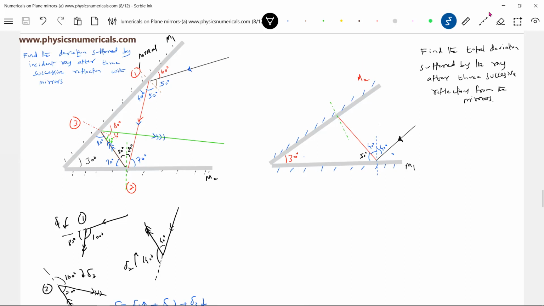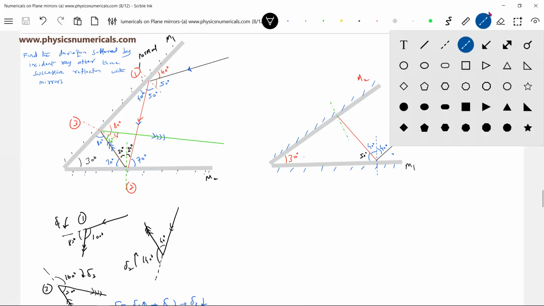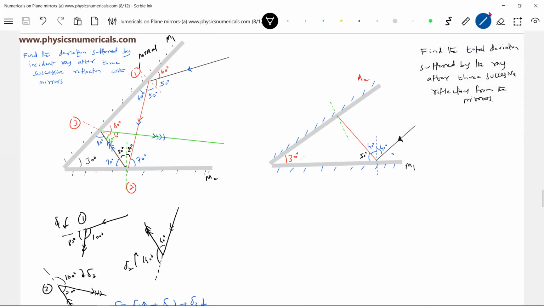Okay, then one more reflection will take place. We'll take this one. The ray will come here. So there's a normal. And finally the ray will, okay, there is a deviation.